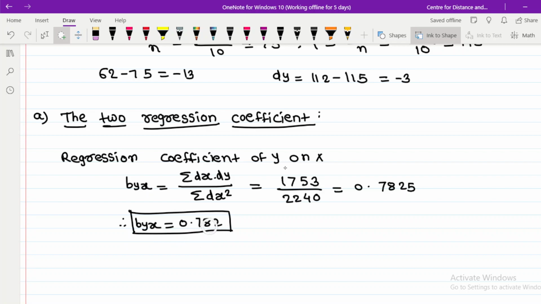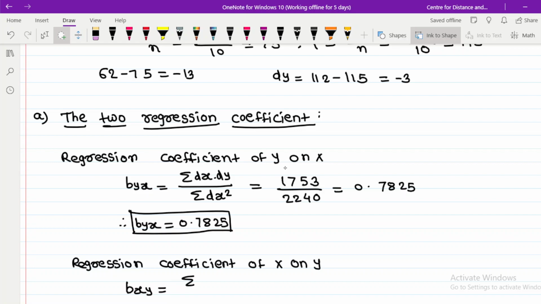Then the regression coefficient of x on y, that is bxy, is equal to summation dx dy divided by summation dy square.